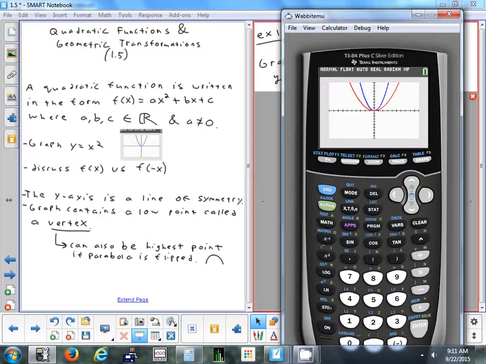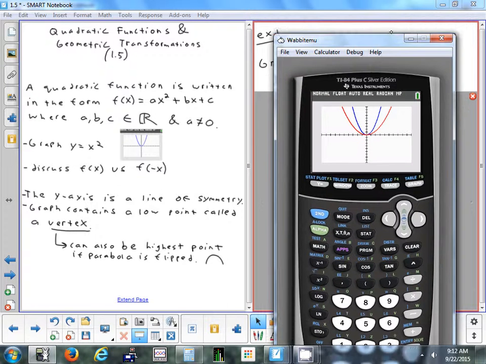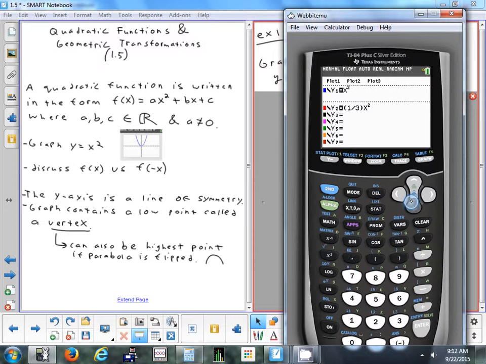If you think about it horizontally, it's kind of stretched out. Or if you think about it vertically, think of taking that blue one and squishing it down. If you squish it down, it gets spread out more. So we could say that it compressed vertically. Okay, let's try one more. Let's throw 2x squared in there.